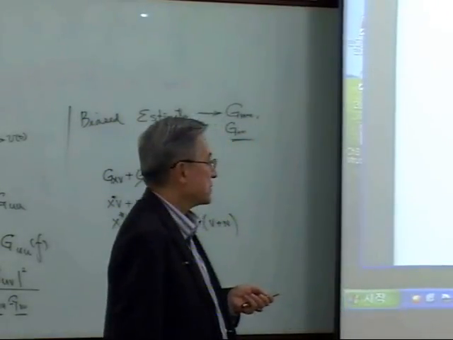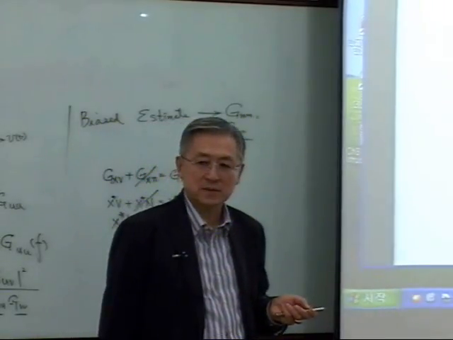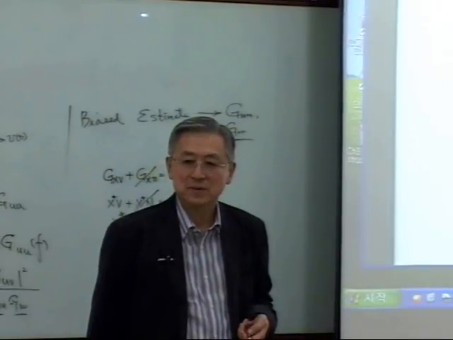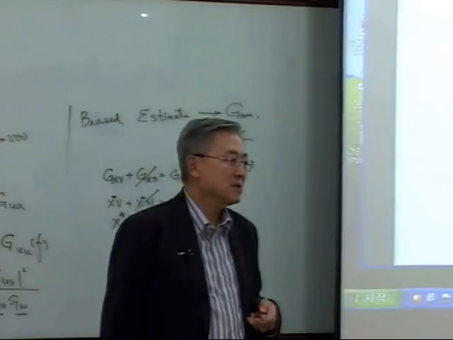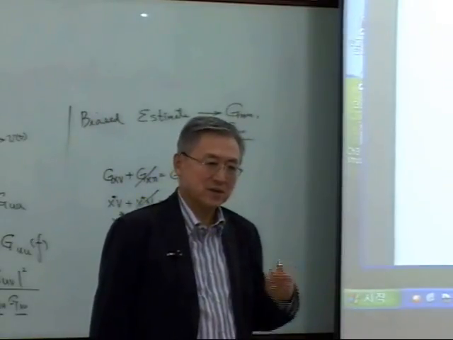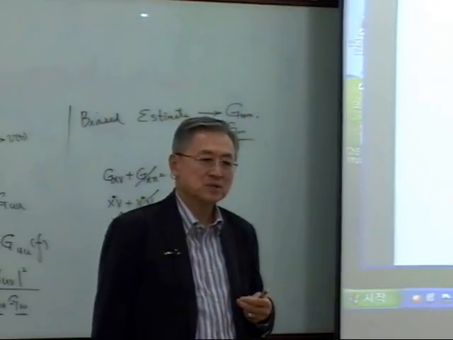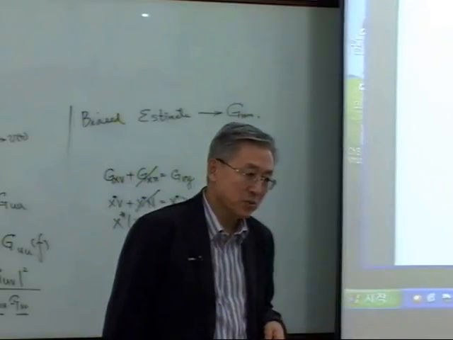But is it calculable? Because GYY you can measure, and gamma XY squared you can compute. All the components, GXY, GXX, GYY, are measurable.